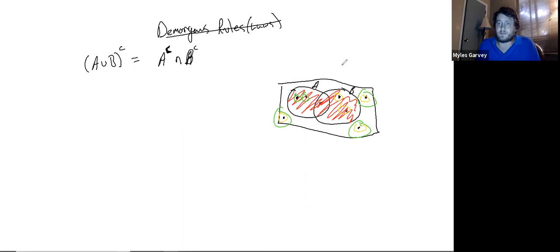So when we look at the opposite, by the way, I'll leave this as an exercise for you to show. When we take the complement of that, we actually get the complement of the union of the complements. So what's another way of writing this?